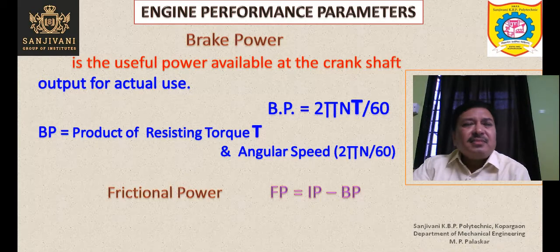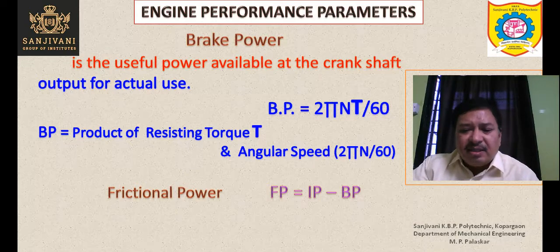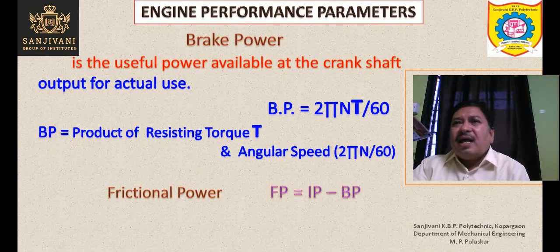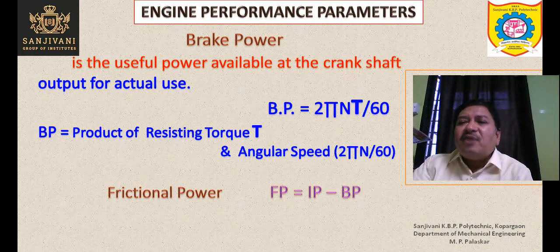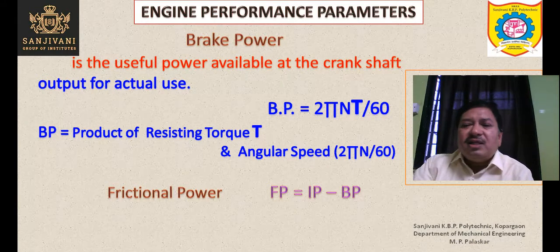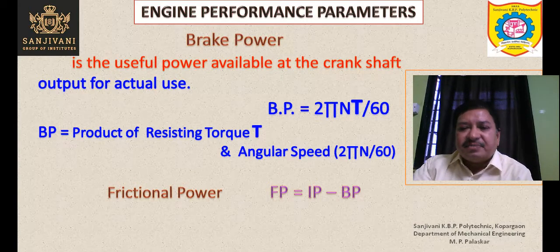Even the automatic transmission and many automatic devices are operated by the engine, and they are using the power of the engine. So that will also consume power. Due to all these reasons, you will find that the brake power is always less than the indicated power.